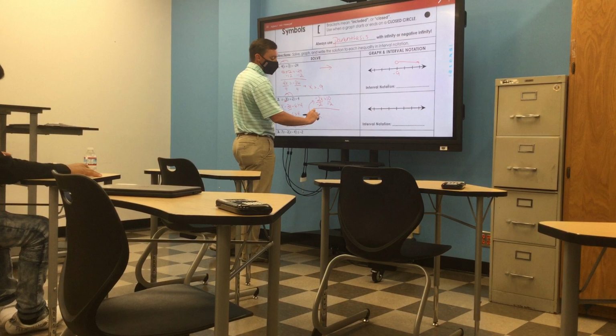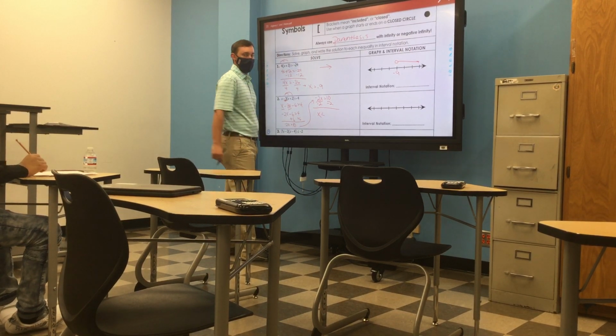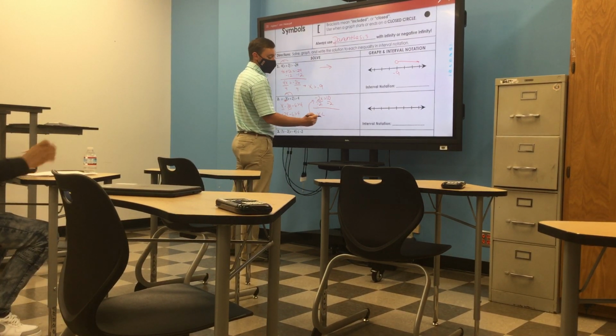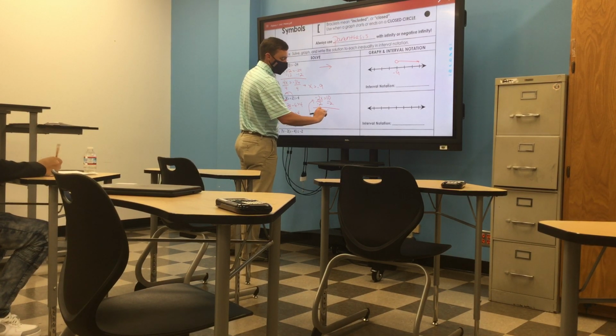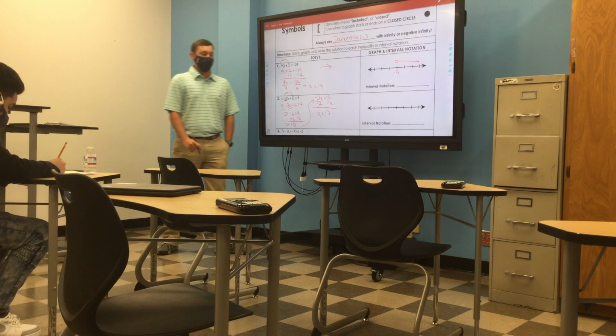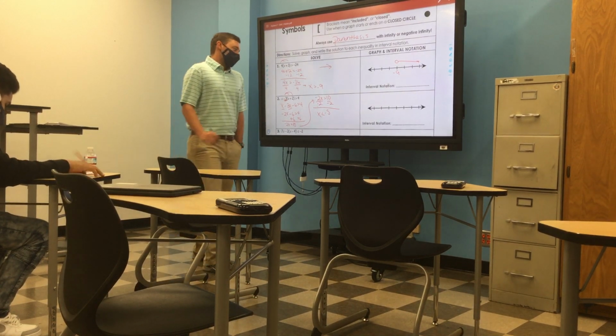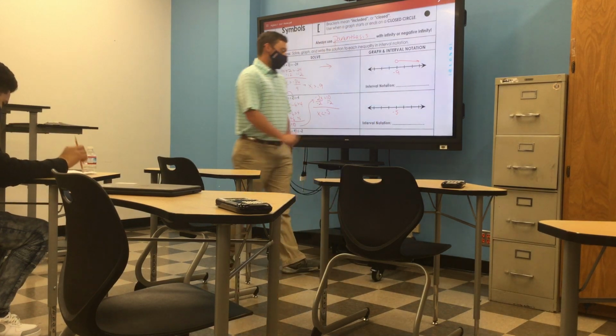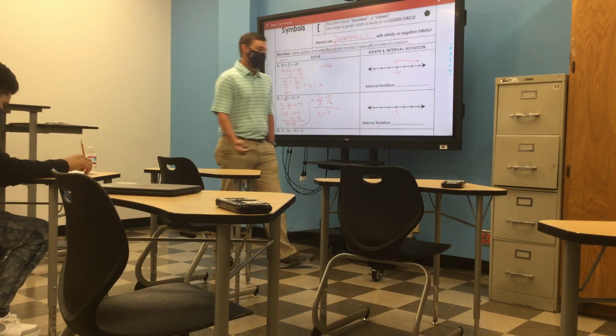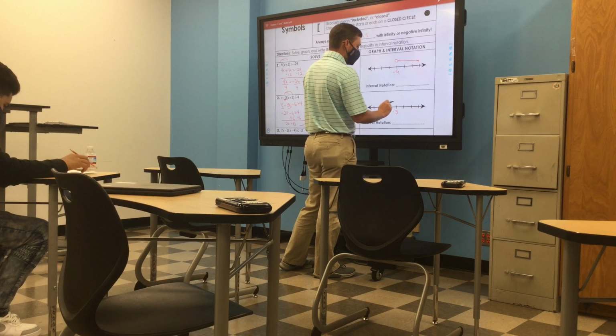Think about that alarm going off in your head. We divided by a negative, so I need to flip my sign from greater than to less than. Then you've got 10 divided by negative 2, which is negative 5. So in the middle, we've got negative 5, and which way are we graphing? Left. What type of circle do we have? Open.